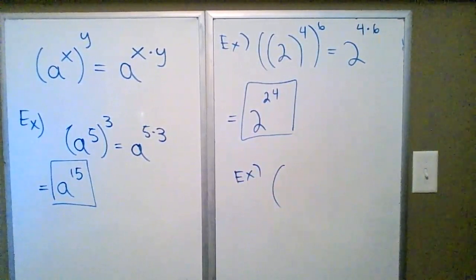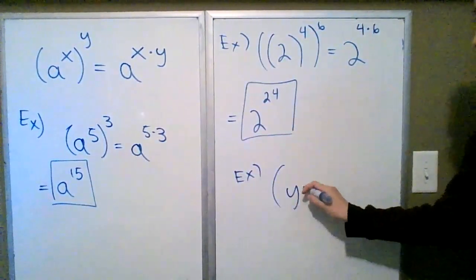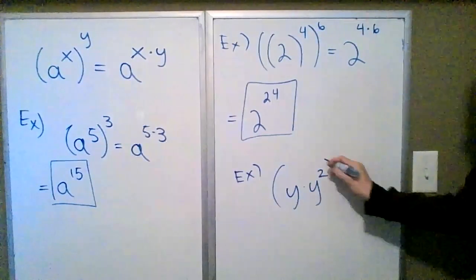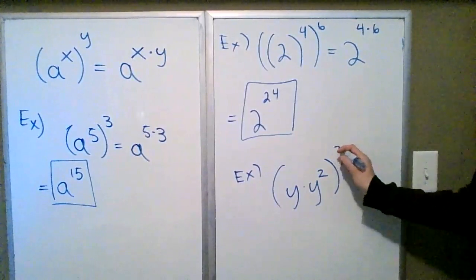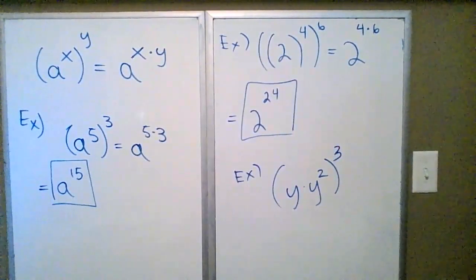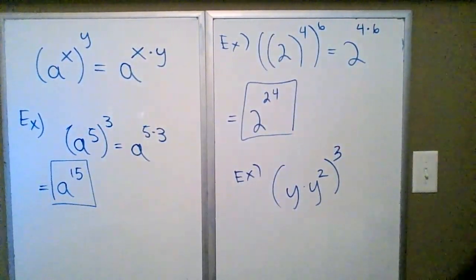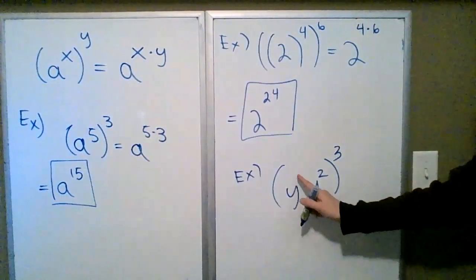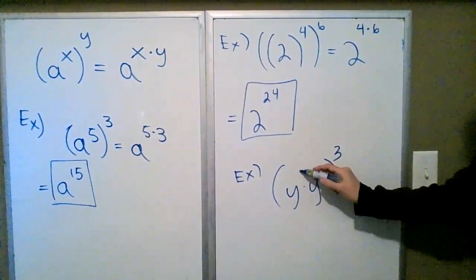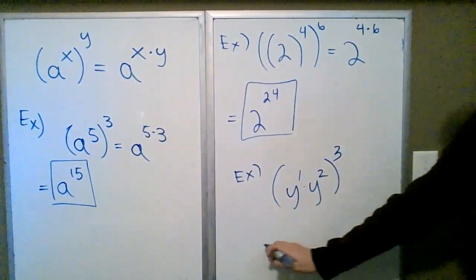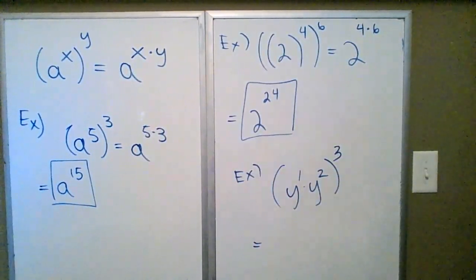Next we have y times y squared, and the whole thing is cubed. So we're going to work inside parentheses and do that first rule. y to the first times y squared is y to a power of 1 plus 2.